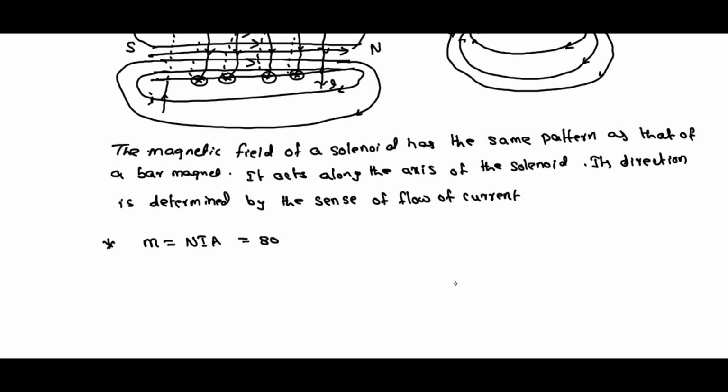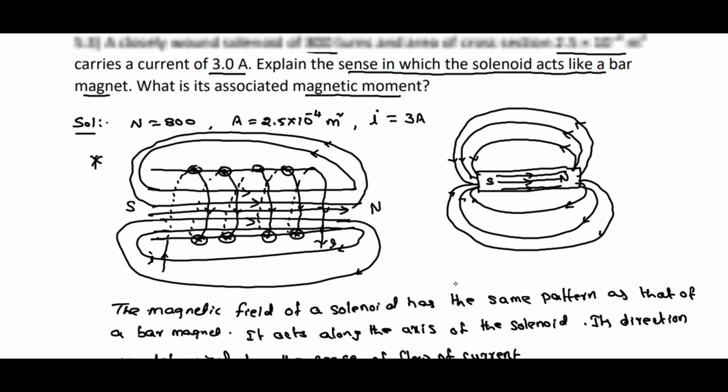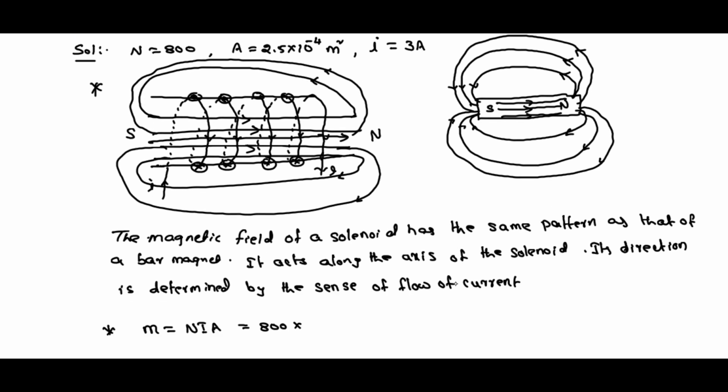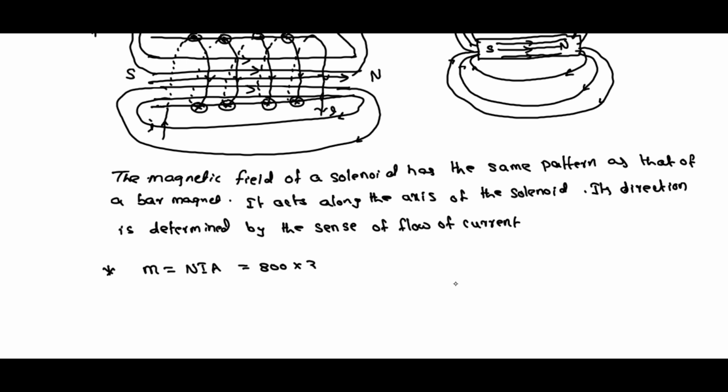N is 800 and I value is 3 ampere and A value is 2.5 into 10 power minus 4, that is equal to 0.60 joule per Tesla.